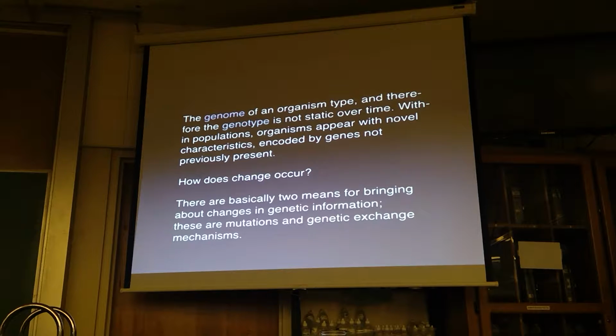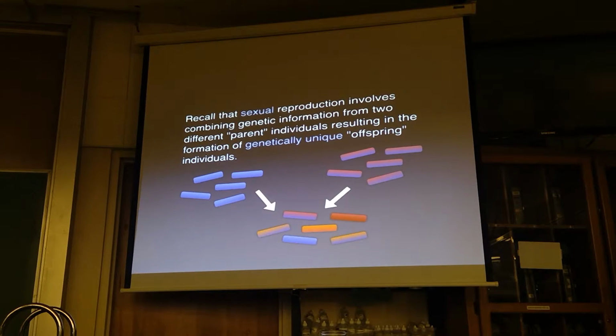So cells can transfer DNA from one to another. In eukaryotic organisms, the reorganization of genetic material occurs during sexual reproduction. So you have gametes that are genetically a little bit different. Those two gametes fuse and you get a zygote.